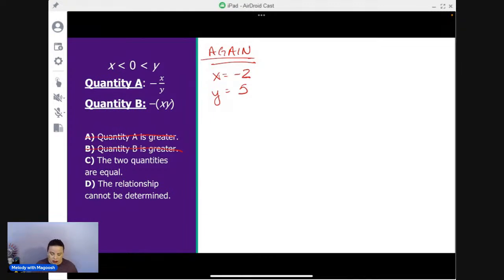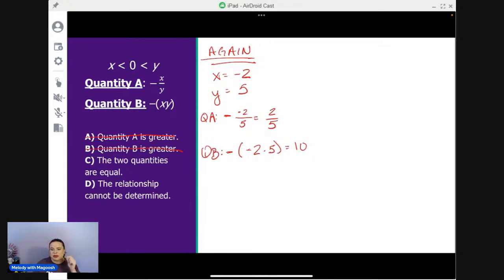Let's prove it. Quantity A is going to be negative -2 over 5, or 2/5. Quantity B is negative -2 times 5, or negative 10, positive 10. Details aren't important about what these numbers are.